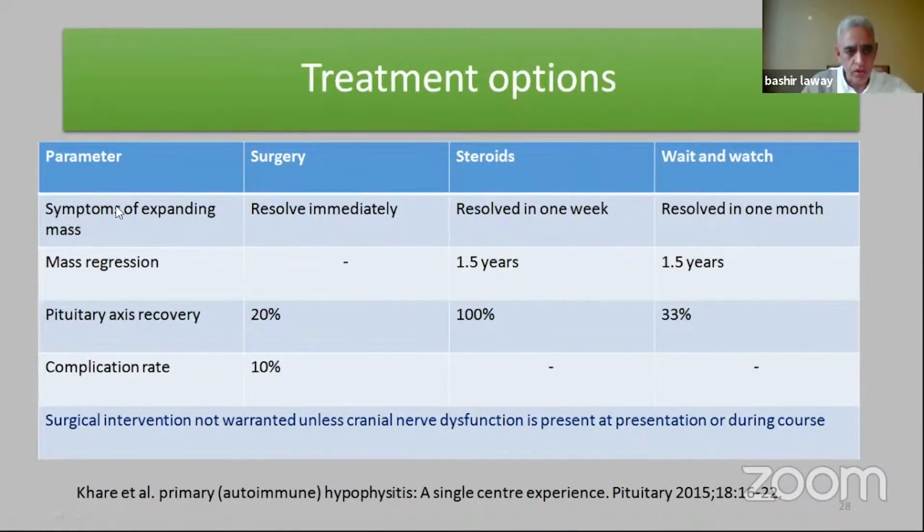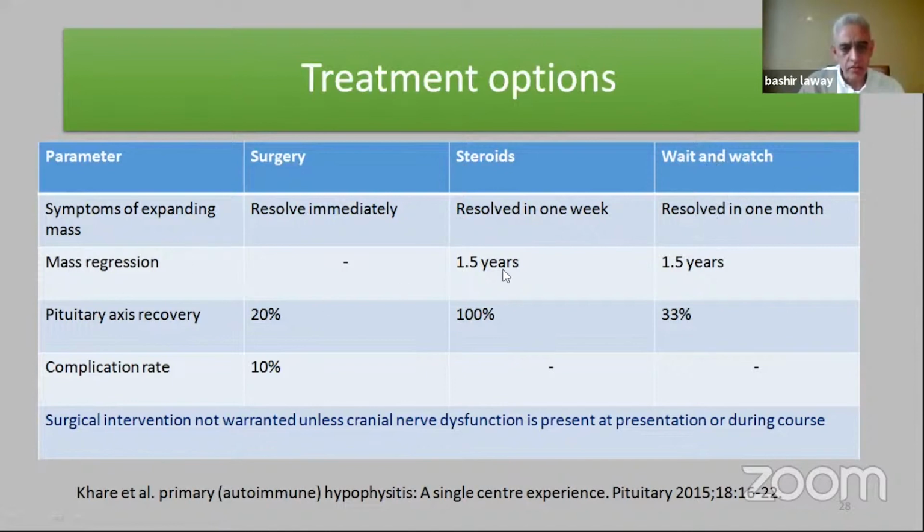Suppose we talk of regression of mass, regression of symptoms, recovery and complication rate. If we compare the three, symptoms of expanding mass obviously resolve immediately after surgery. Steroids would take 1 week, and if we just wait and watch, it would resolve within a month.